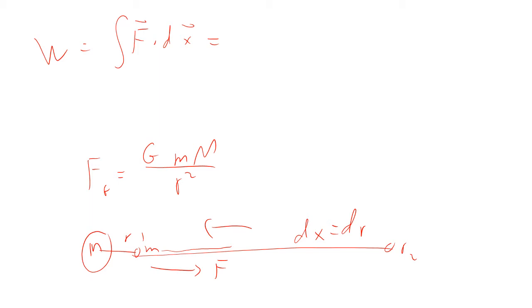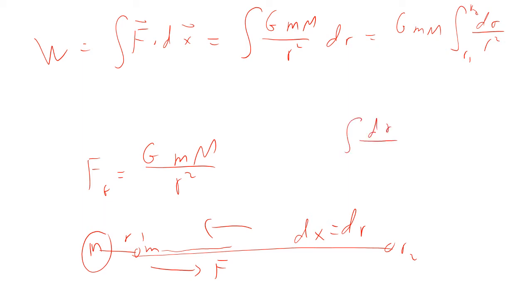And so this becomes the integral of G M m over r squared dr. That's straightforward, because G, M, and m are all constant, so it's the integral of dr over r squared from r1 to r2. We know how to do that integral. The integral of dr over r squared is minus 1 over r.